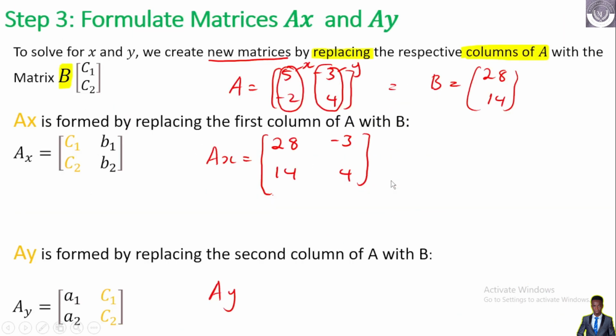So AY now is going to stay 5, minus 2, and then it's supposed to be minus 3 and 4, but no, we are going to replace it now with the constant matrix that we call B. So this is going to be 28 and then 14.